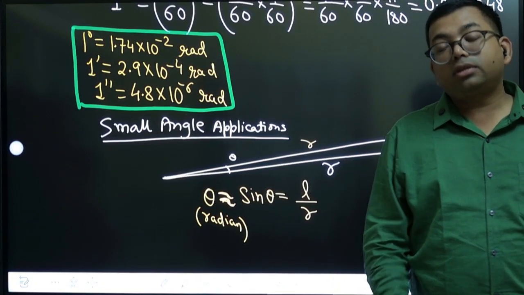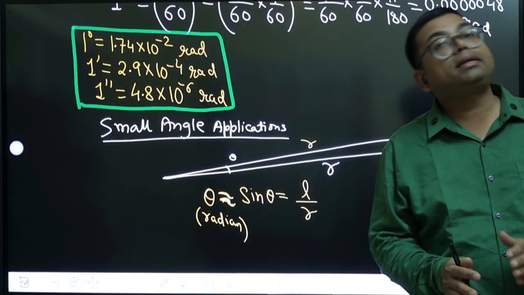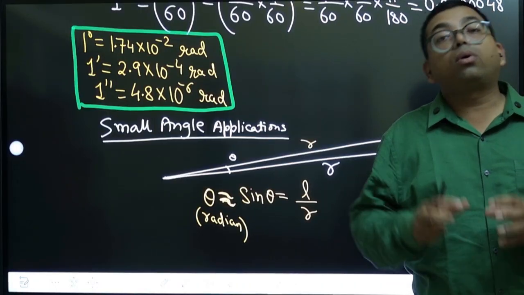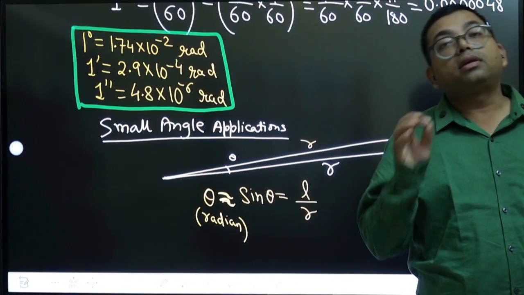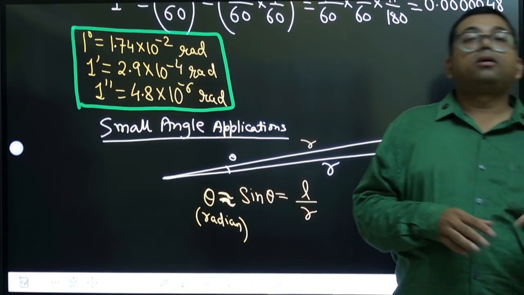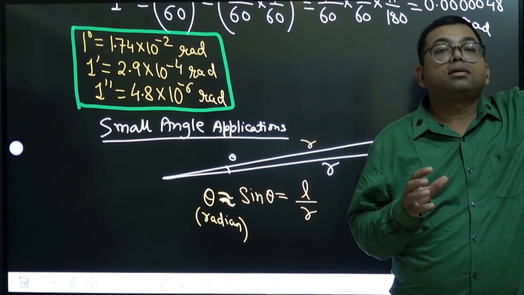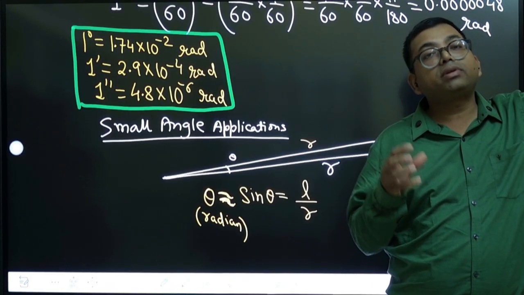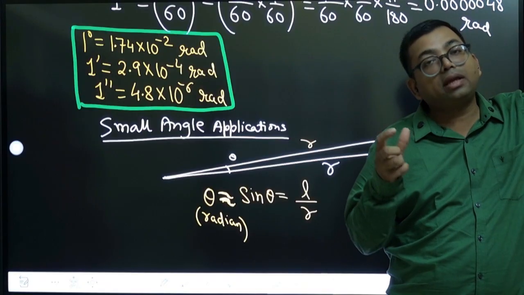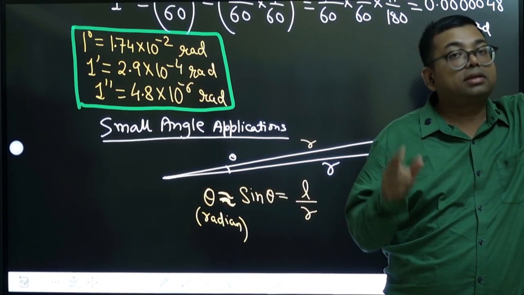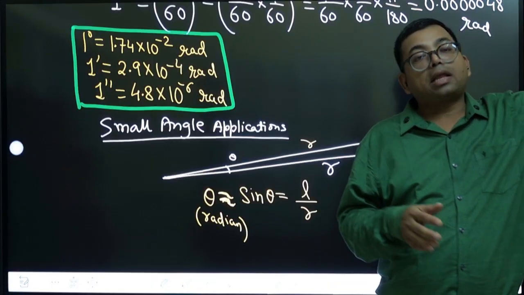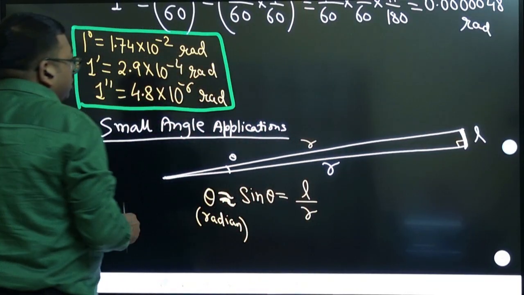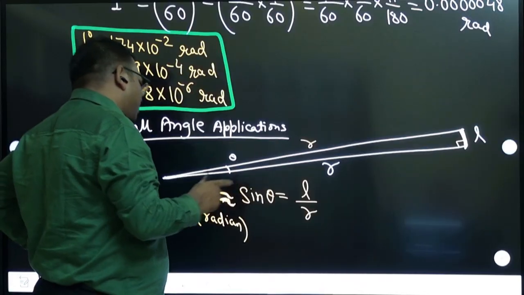Whenever you take trigonometric ratios, you may write the angle as radian or degree, it doesn't matter. But if you are only writing the angle, then be careful, because it has to be in radian. When we write only the angle, we are calculating the angle as arc length by radius. That time we are doing radian calculation, not degree calculation. That is where a mistake can happen. So that's one important thing here.